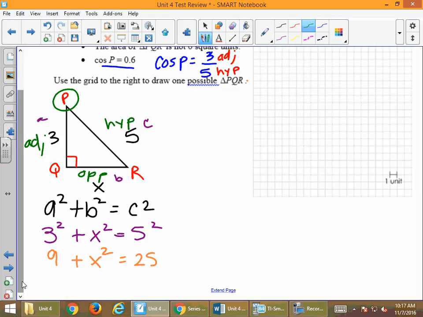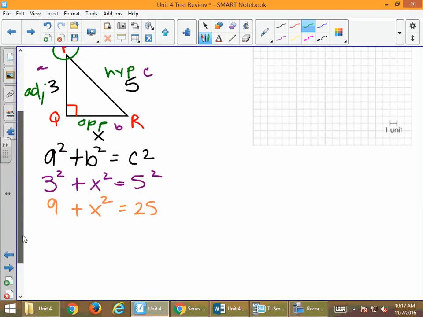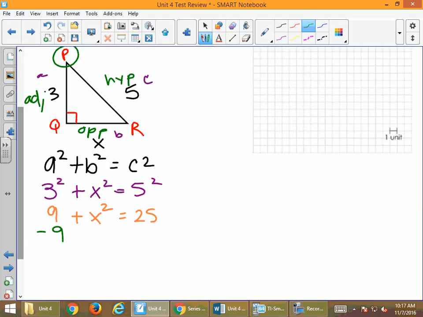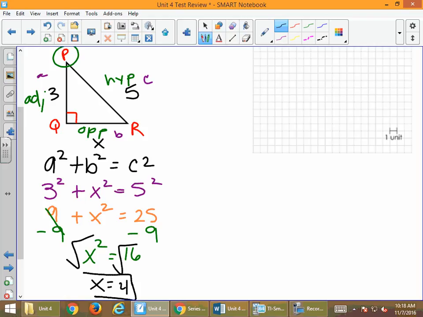How are we going to do that? 25 minus 9 is what? 16. What do you have to do to both sides? So x is equal to what? So we found that this bottom side has a measurement of 4.